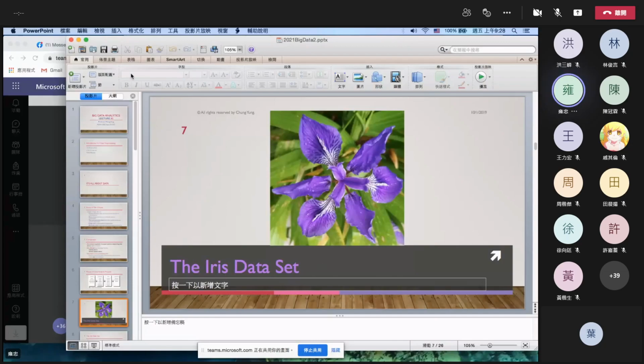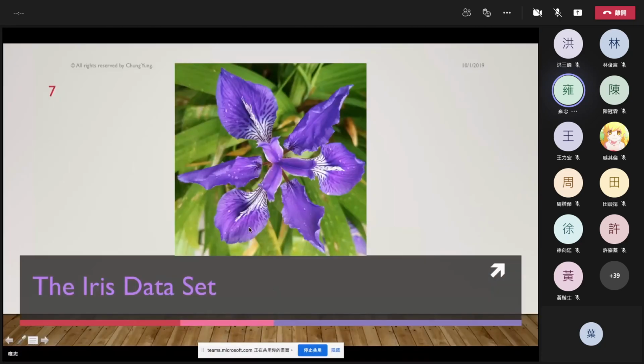Okay. The second topic of today's lecture is the iris data set. And the iris here is not the name of a person. It's this flower. I searched the internet and got a photo of an iris flower.